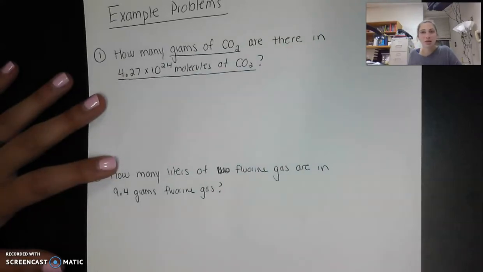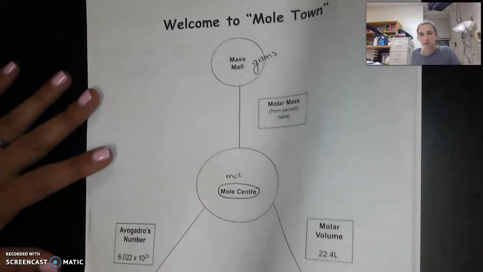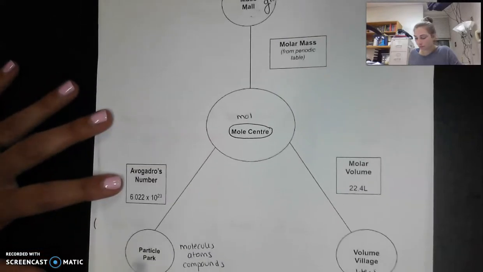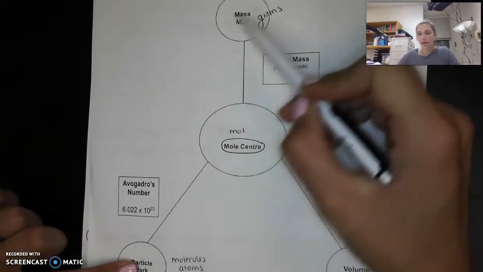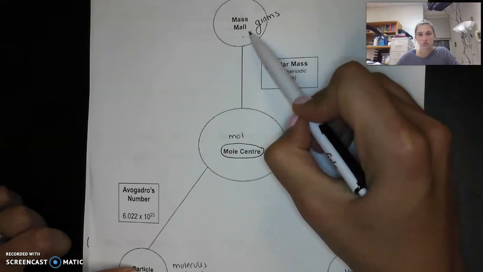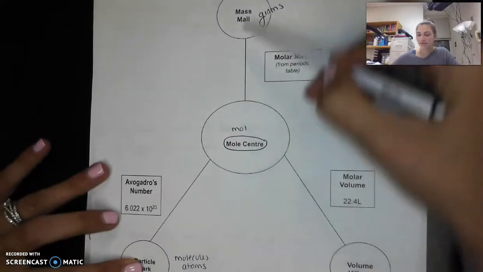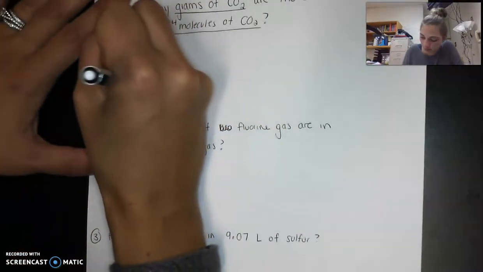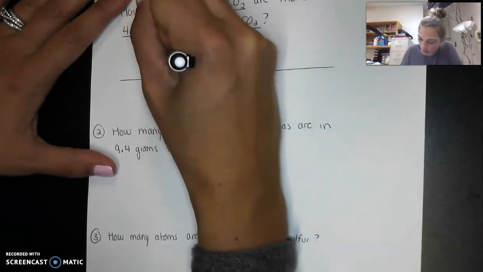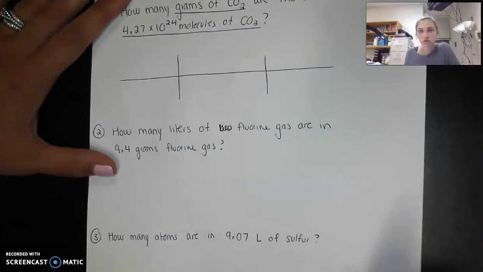We're going from molecules to grams. Molecules is in the particle part, and grams is in the mass part. So in order to get there, it's going to be one step to the center, and then a second step to grams. So I'm going to set up a conversion table, or our train tracks, for 2 steps.